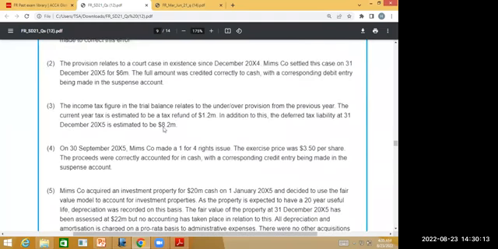Now please do solve this question, note number 3. That is about taxation. Note number 3.